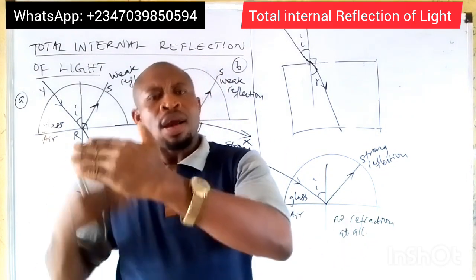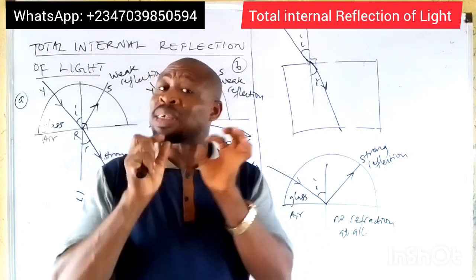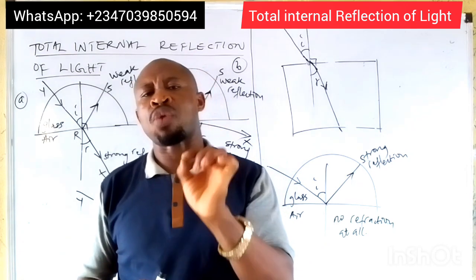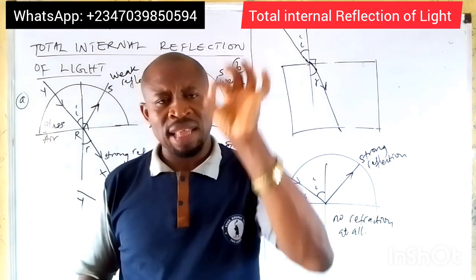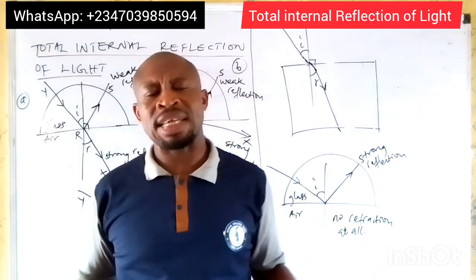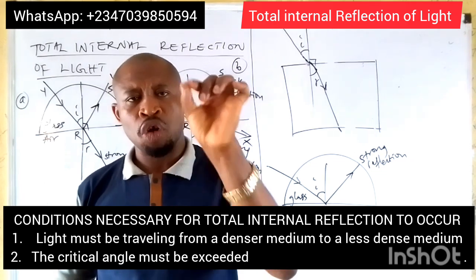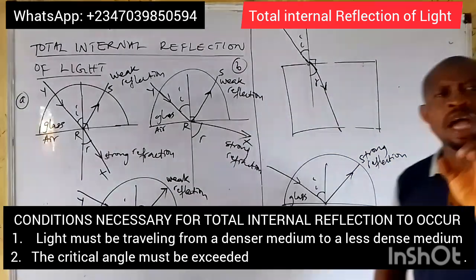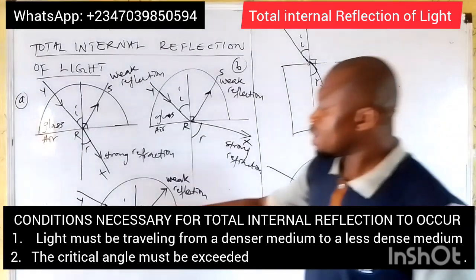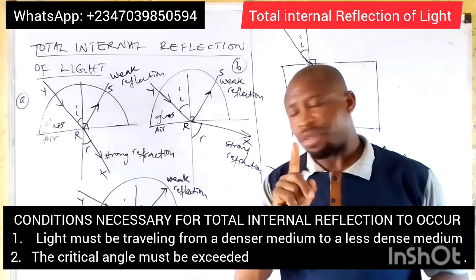Please, every year, questions continue to come out, especially in the WAEC exam. They usually ask questions on total internal reflection of light. Now, let us look at the conditions necessary for total internal reflection to occur. One of those conditions is that the critical angle must be exceeded.